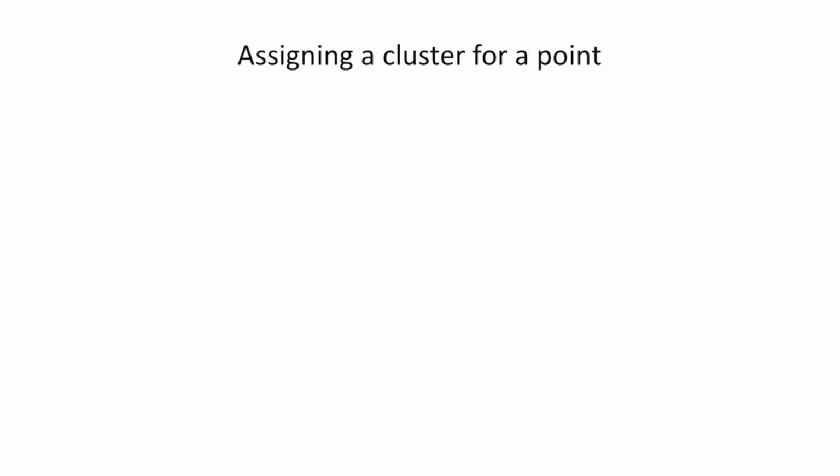Another important aspect in the k-means clustering algorithm is that, given k centroids, we will be able to assign a cluster to each of the points. For example, we have these points, and let's say that two possible cluster centroids are provided. Now, if we ask the question for this particular point, which cluster centroid should this point be assigned to?